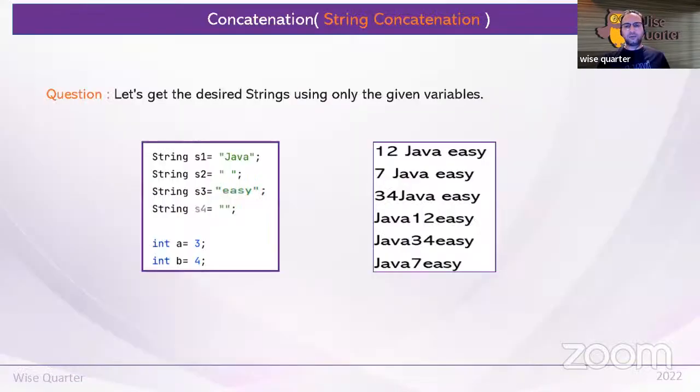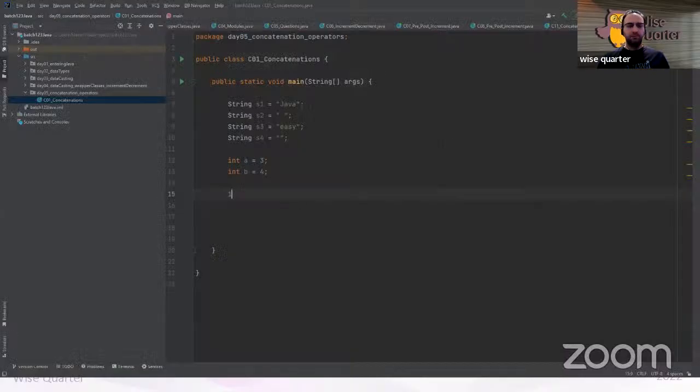And now I need to write 12 Java easy. There's a space between them. 12 Java easy. We will try to print this one. Somehow we are trying to print it, so I will write sout to print it on the console. First, we need to write 12.